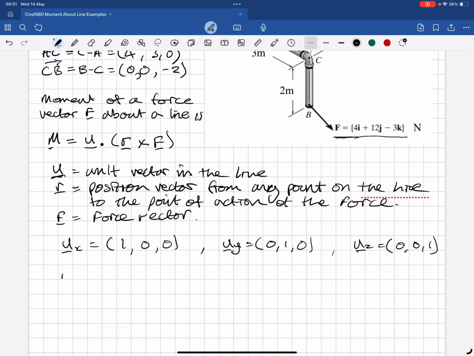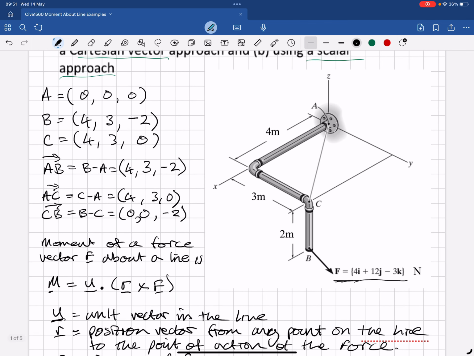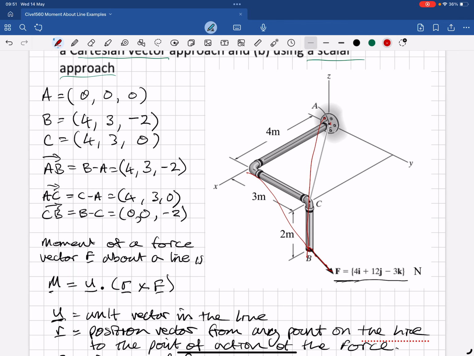So R, what is R going to be? So let's look at the geometry again. Now it's from the force, we need a vector that goes from the line to the force. So it could be any vector from the x direction, say. And so that last one I've drawn has come from point A. It turns out point A is on all three x, y and z axes.